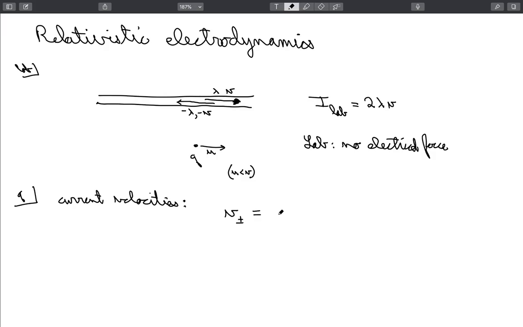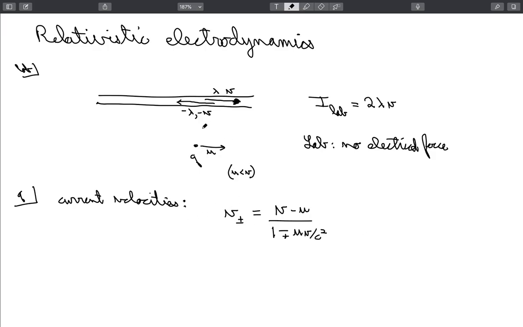Then by the law of addition of velocities, it becomes like this, 1 minus or plus uv over c squared.